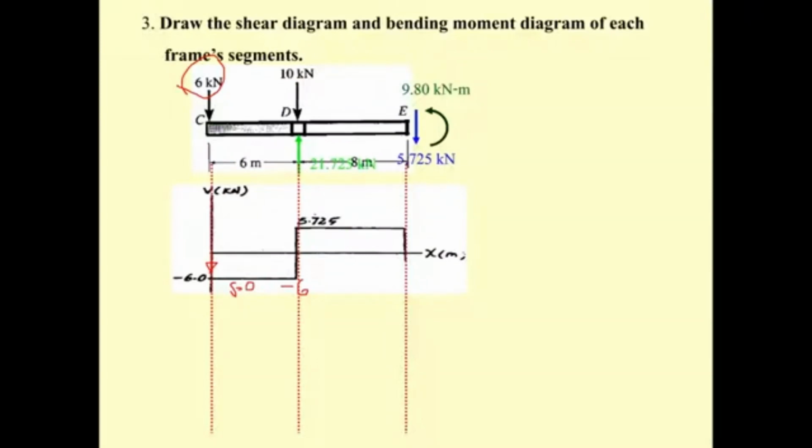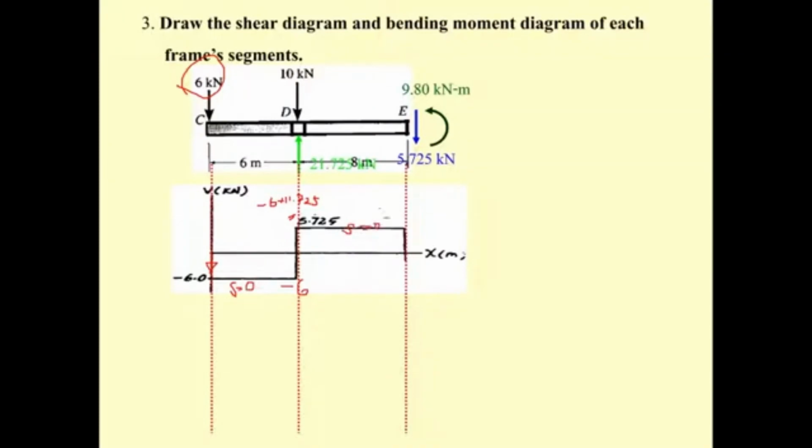So this is going to be minus 6 plus 11.725, and then we get 5.725. And then there is no distributed force, so the slope over here is going to be 0.